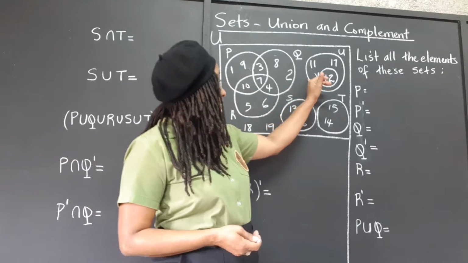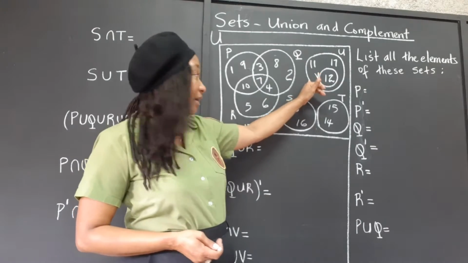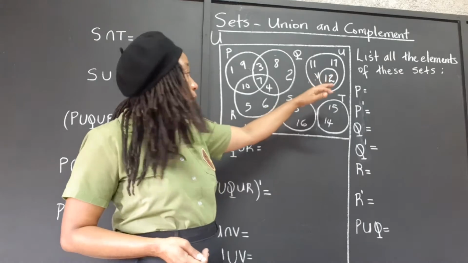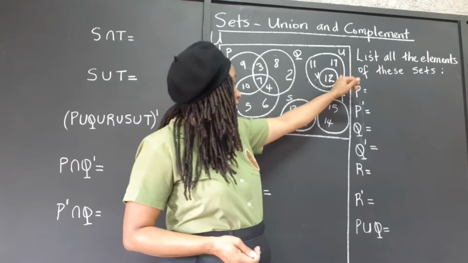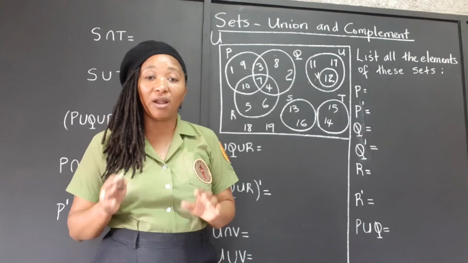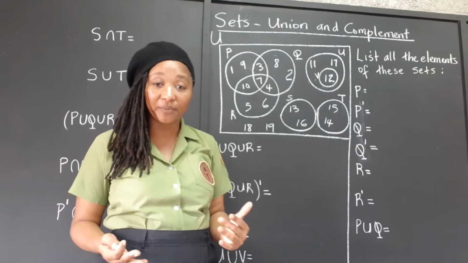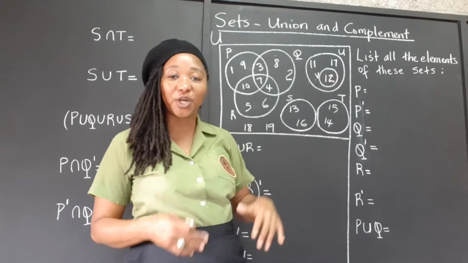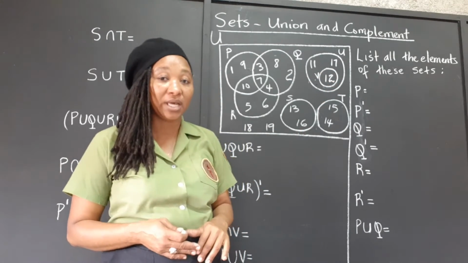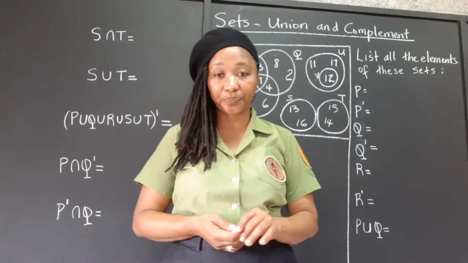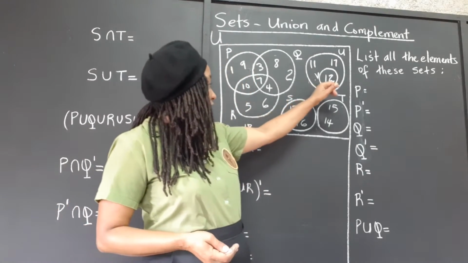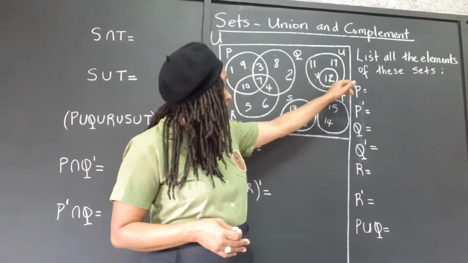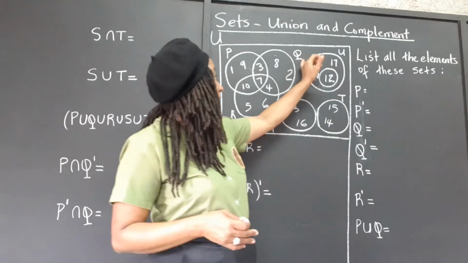If two sets are arranged in this way, as in set U and set V, wherein set V is contained within U, all the elements in V are also elements of U. So we say that V is a subset of U. In this special situation, where one set is a subset of the other, their intersection is the smaller set and their union is the bigger set.